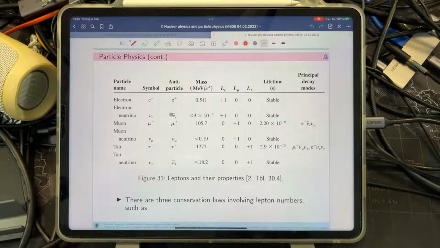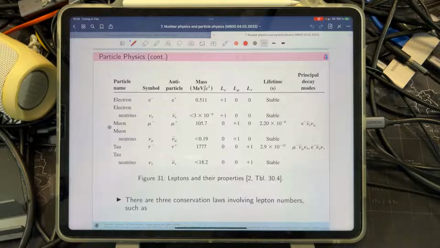The electron antineutrino, nu bar with subscript e, will have electron lepton number -1. Both will have muon lepton number 0, and both will have tau lepton number 0.